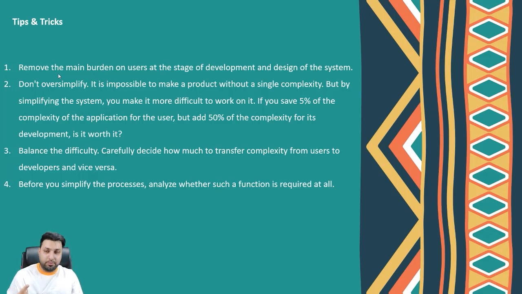Development is important also. Balance the difficulty. Carefully decide how much complexity to transfer from users to developers and vice versa. And before you simplify a process, analyze whether such a function is required at all.